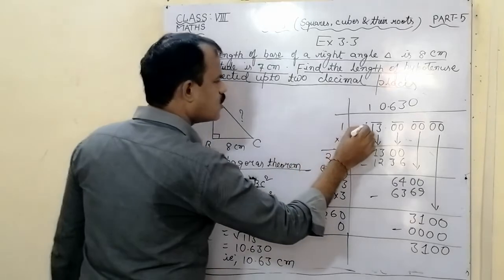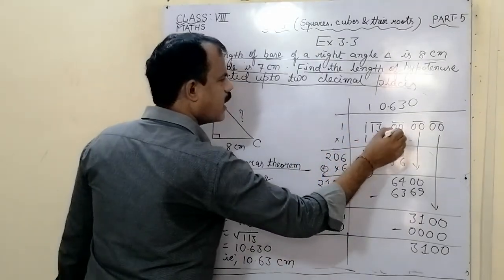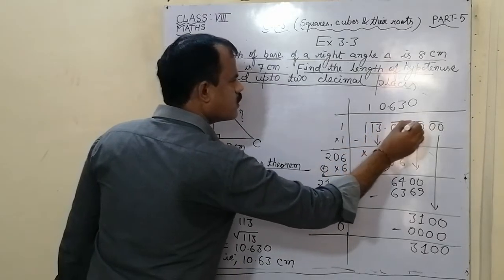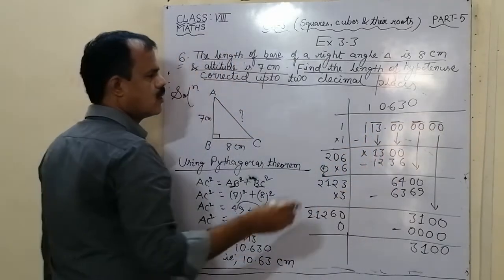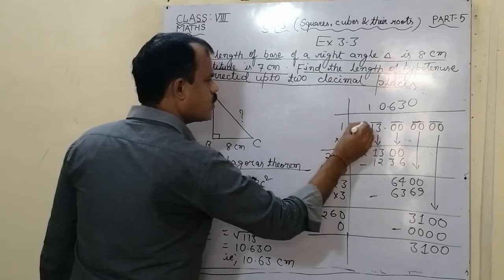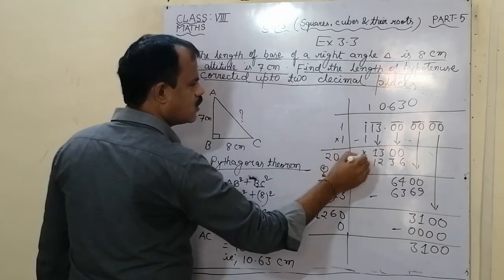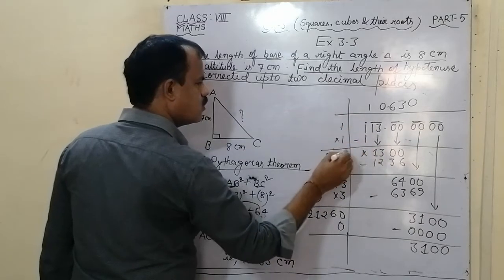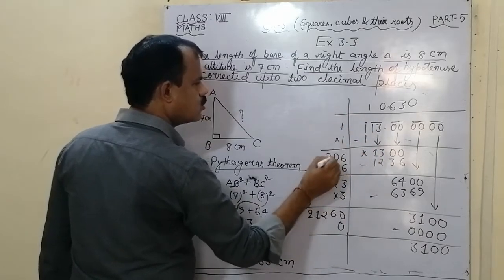So we write here 113 point, and here we have to find 2 places, so we make pairs, 3 places after the decimal. Now look here, the first number is 1, 1 into 1 is 1, cancel, bring down 13 here, and we write here 0, 1 plus 1 is 2, 0.